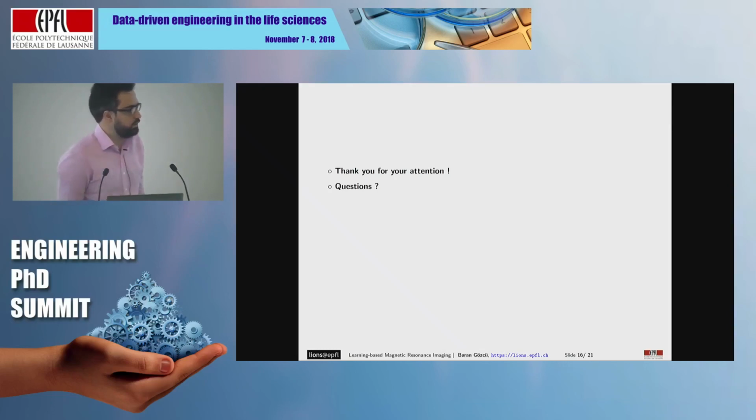And I also observed that they are more conservative in the sense that they were not advertising, for example, 20% of subsampling rate, but they're advertising 40%, which is also good to make it more reliable. But so in a few years, we can see this kind of reconstruction algorithms being used in the hospitals.